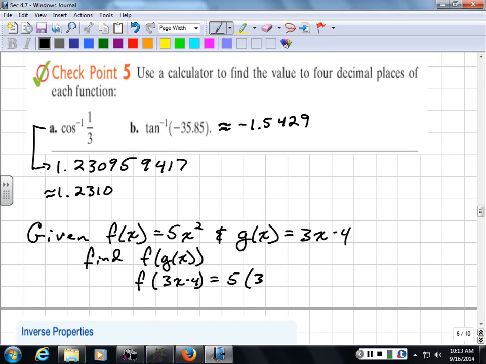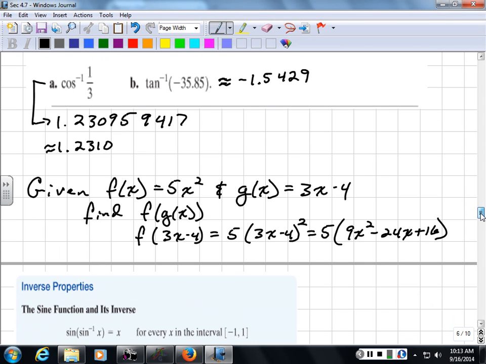5 times 3x minus 4 quantity squared, which means we're looking at 5 times 9x squared minus 24x plus 16, which means we're looking at 45x squared minus 120x plus, it is 120, right? Yeah. 80. Is that what you said?